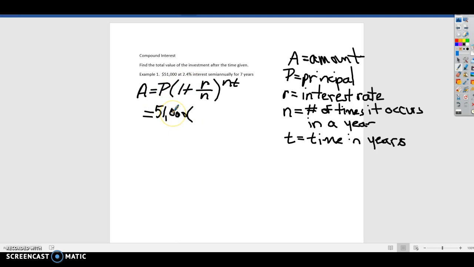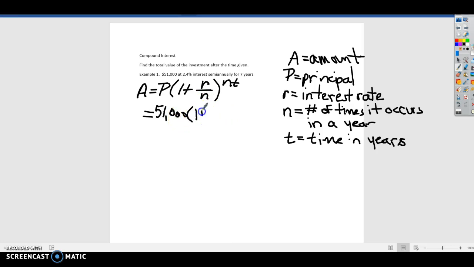When you make an investment, you want 51,000 plus a little bit on top of that. If you multiply anything by 1, you get your $51,000 back. And then the interest rate compounded is going to give you a little bit more money on top of your 51,000. So that's why we have the 1 here.